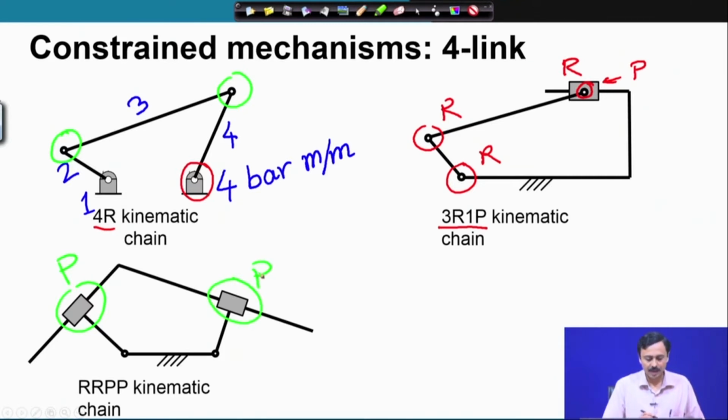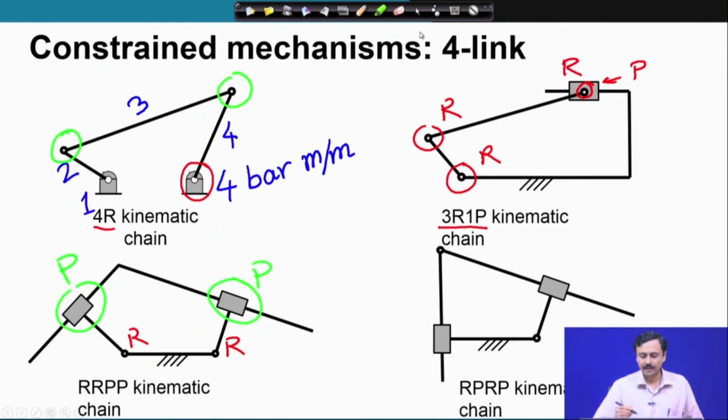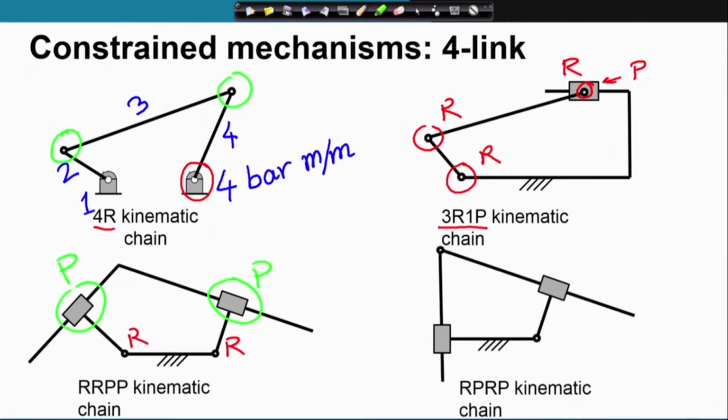So, this becomes RRPP. Here we have R, here we have R. So, RRPP kinematic chain. Finally, if I replace two opposite revolute pairs by prismatic pairs, then I have RPRP kinematic chain as I have shown here.